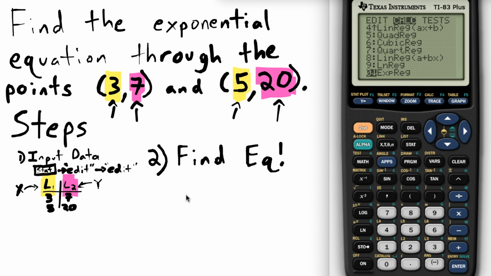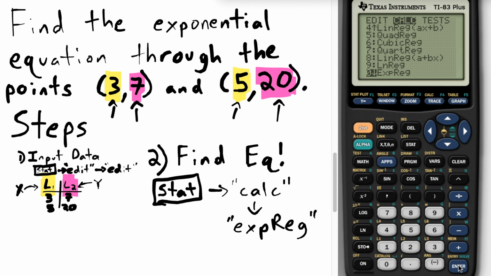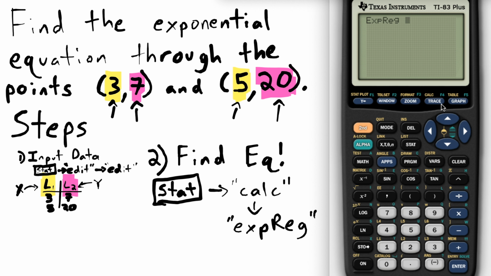That's for exponential regression. I hit enter on that, and then I get another screen basically asking what you want to do. You want exponential regression, so you hit enter again. If you have a different calculator, there might be a few more times you have to press enter here. And once I do, I have completed what I came here for.